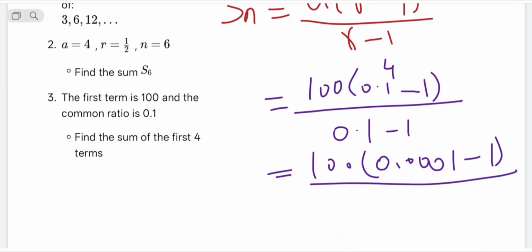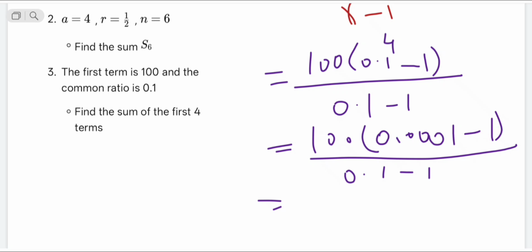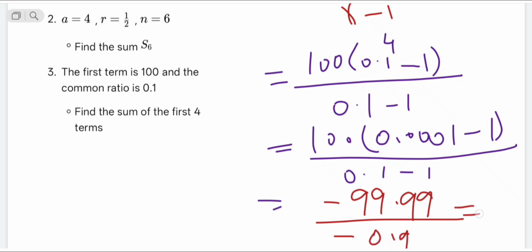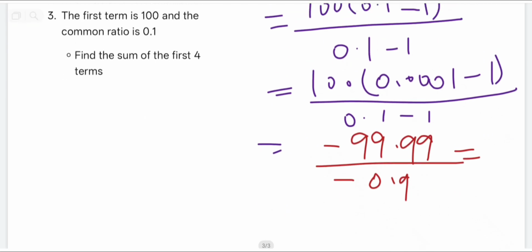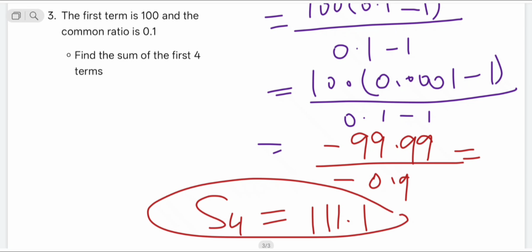The numerator I solved, just this one, the numerator, which is equal to minus 99.99 over 0.1 minus 1, which is equal to minus 0.9. So you can use the calculator and we can find the answer. Minus 99.99 divided by minus 0.9 is equal to 111.1. So S4, the first 4 terms when we add them, this is our answer.